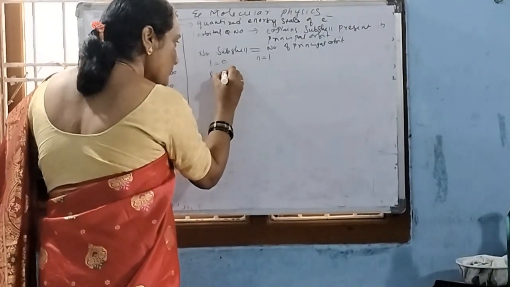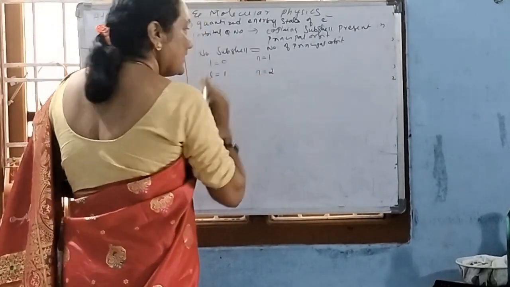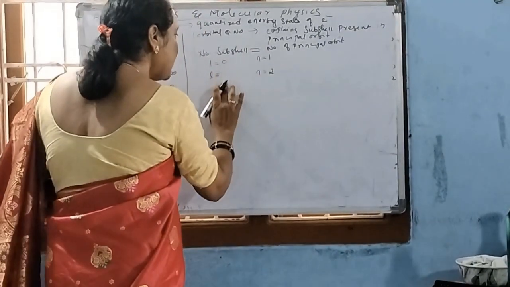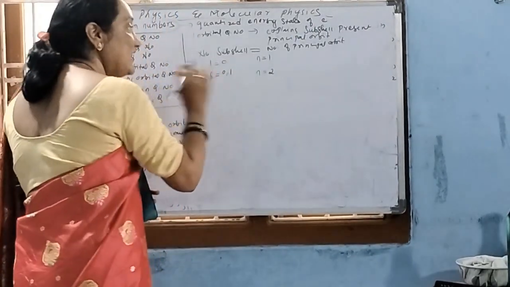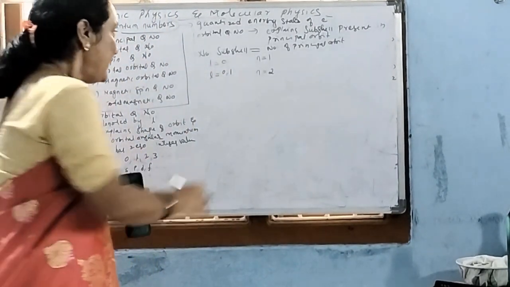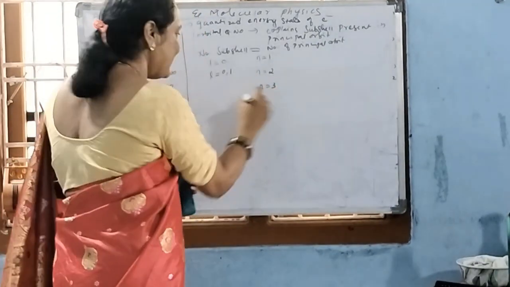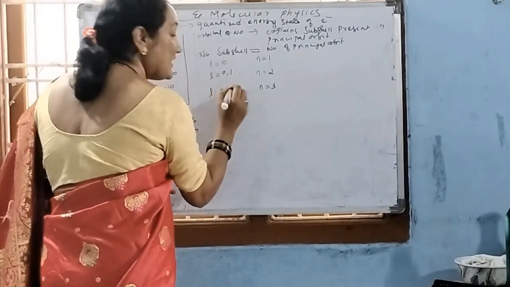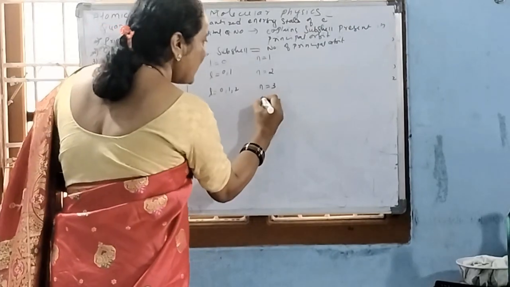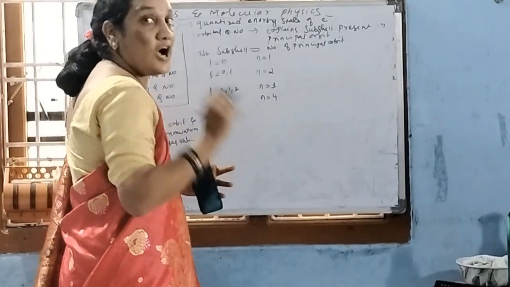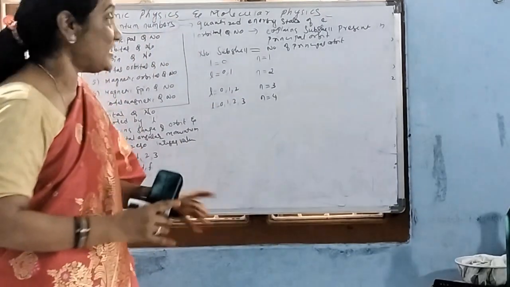In the second orbit, L equal to 0, 1. The third orbit, number 3, how many subshells will be there? 3 subshells: 0, 1, 2. Now for n equal to the fourth principal orbit, how many subshells? 0, 1, 2, 3. I think you understood.